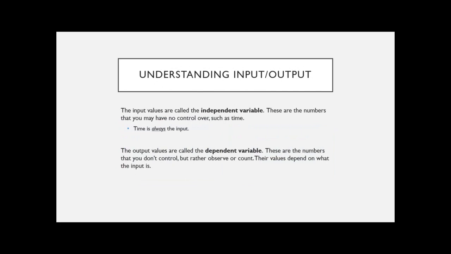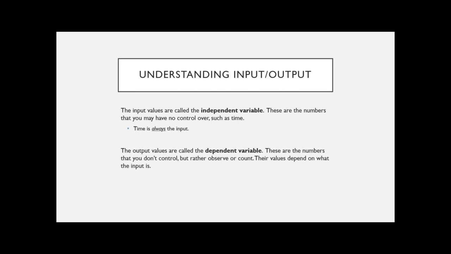Time is a very common input variable. It's always the input because we don't control time. Time just happens. It's independent of anything that we do. So that is always your input, which means it's always going to be horizontal, or the first column in your table.